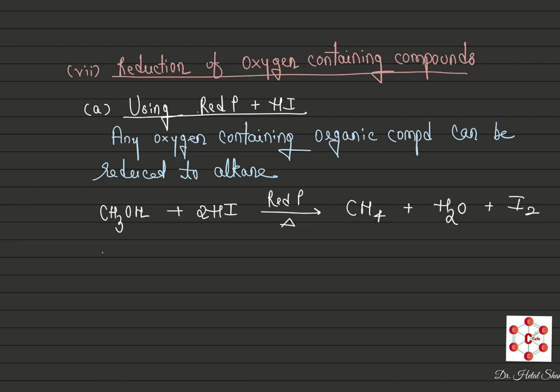For example, if I take up ethanoic acid, I'm not going to balance HI first, just putting red phosphorus and heat. What do we get here? How many carbons do we have here? 2. So it will be CH3CH3.